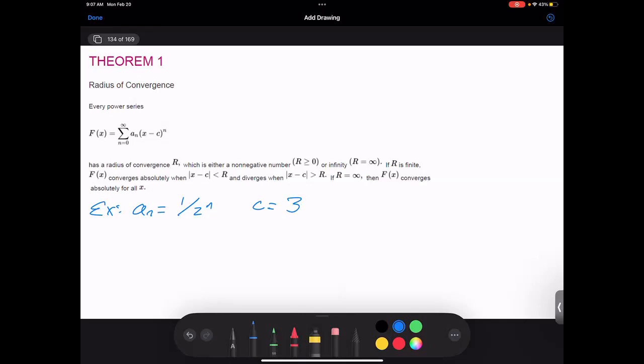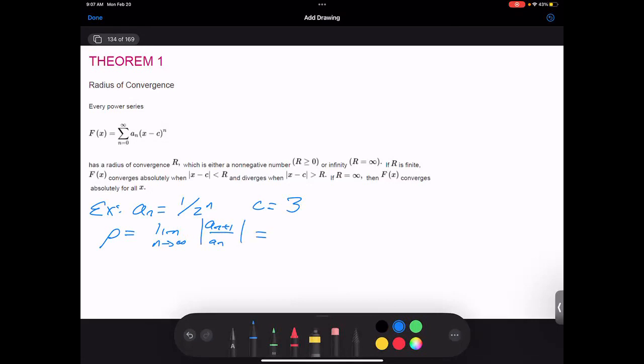I'm choosing 3 because I can draw a 3 without having it look like a 2 or a 5 or an s or whatnot. It doesn't really matter. So let's calculate. So rho would be the limit as n goes to infinity of a_(n+1) over a_n.